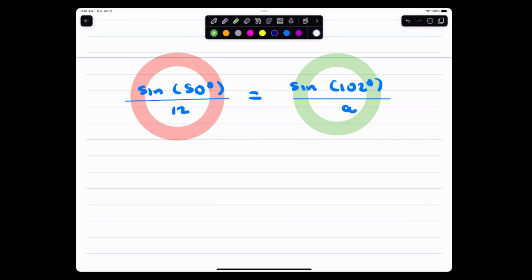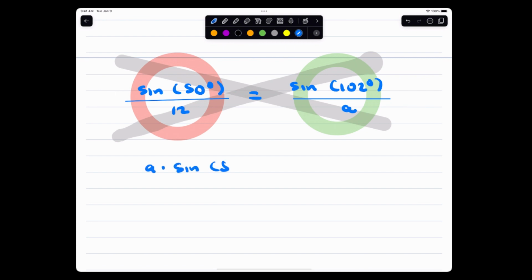Okay, what do you guys do now with this? You're going to have to cross multiply. What do you guys end up with? A sine 50 will equal 12 sine of 102. Is that true?